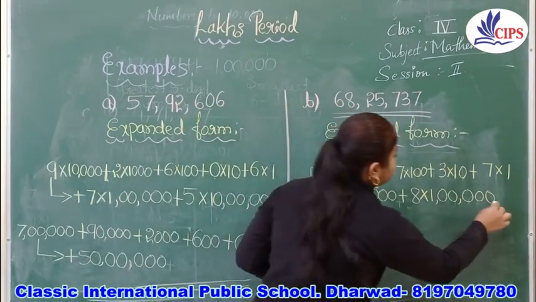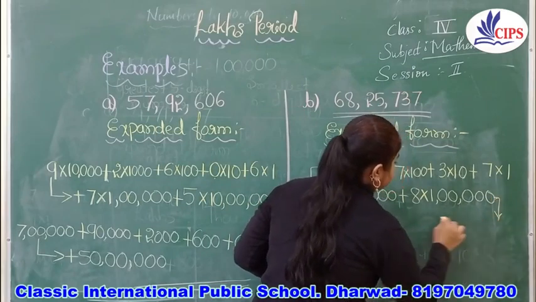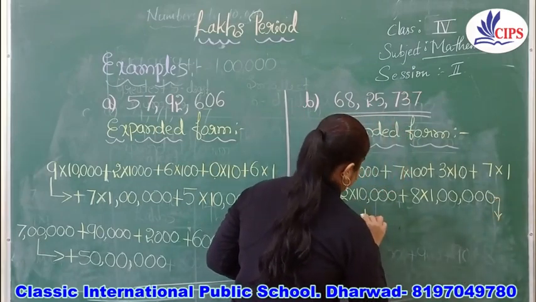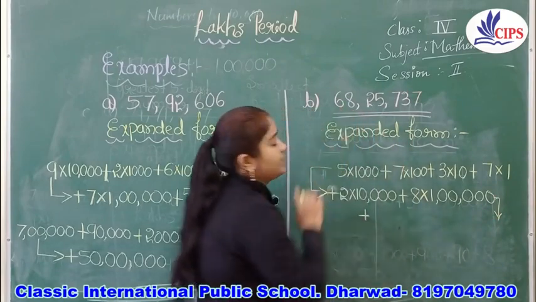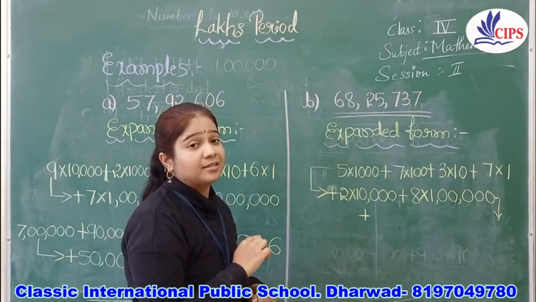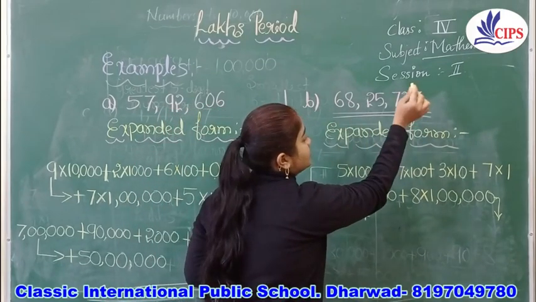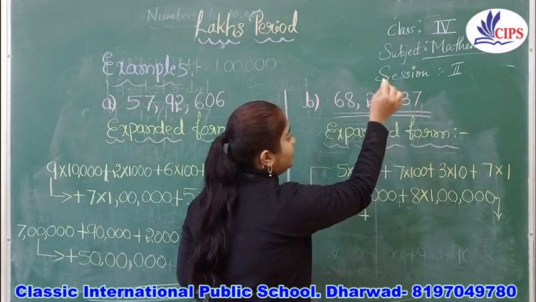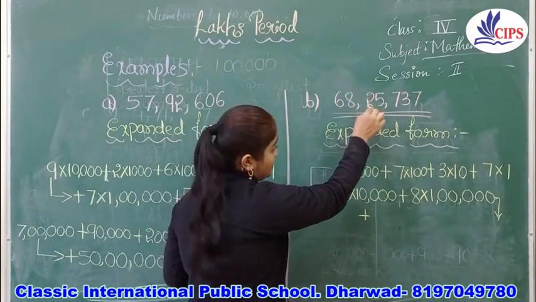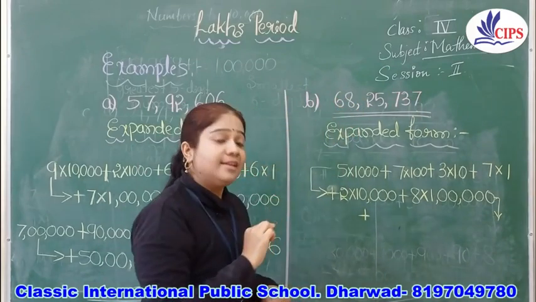Again, we'll write this. 6 is in which place? It is in the 10 lakhs place. Ones, tens, hundreds, thousands, 10,000, lakhs and 10 lakhs.